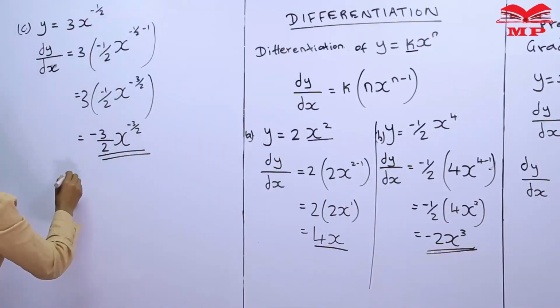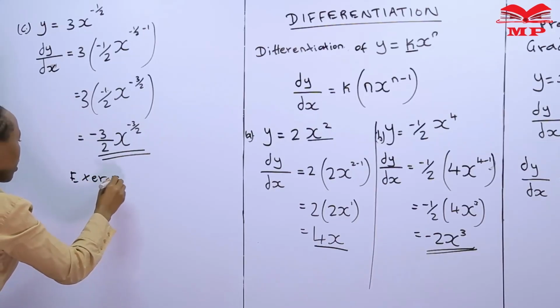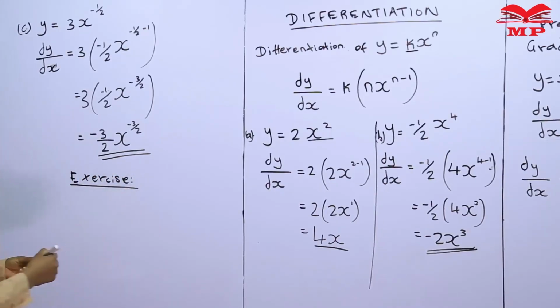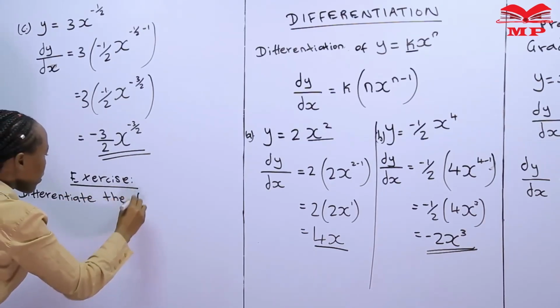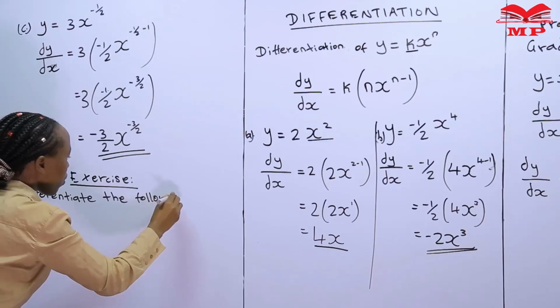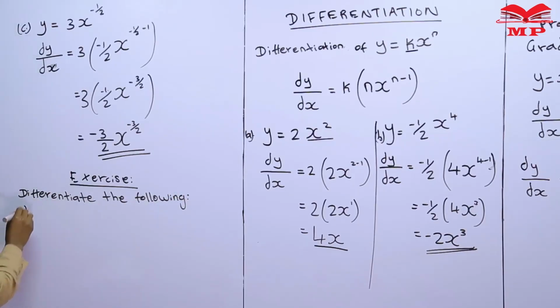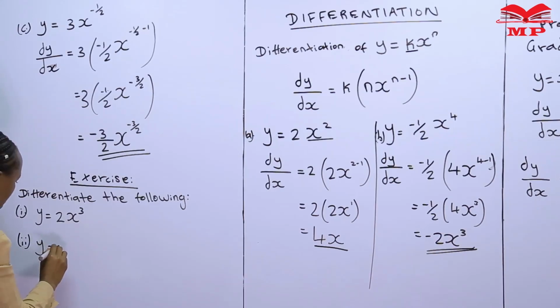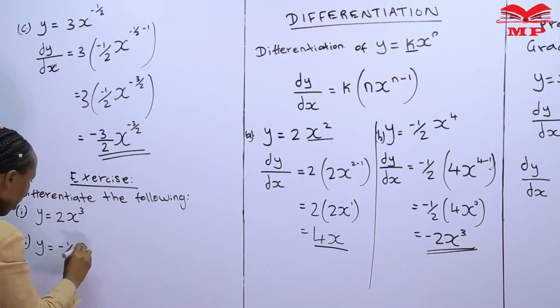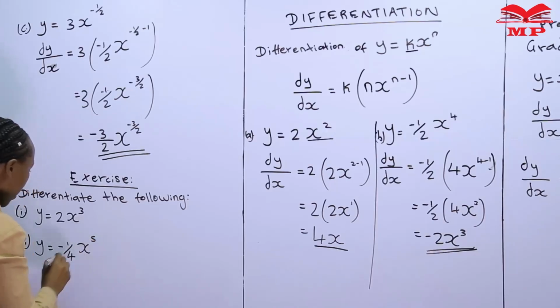So I would like you to do the following before we move on to the derivative of a polynomial. I would like you to differentiate the following. In the first one, we have y is equal to 2x raised to power 3. Then we have Roman 2, y is equal to negative 1 over 4 x raised to power 5.